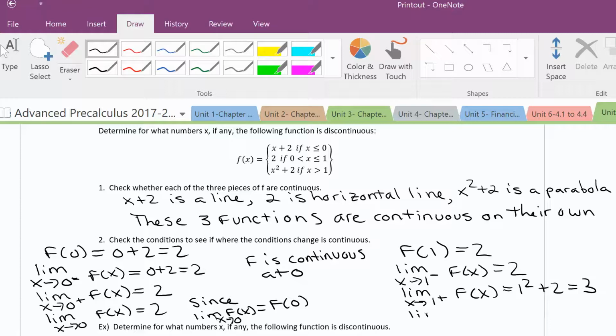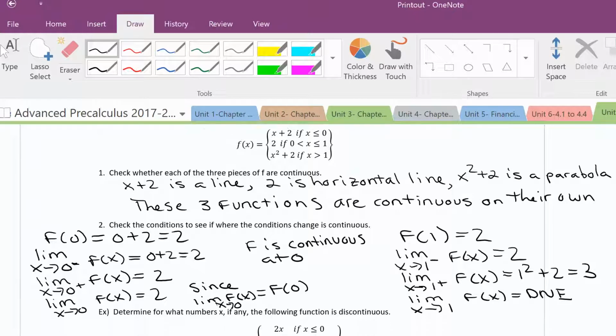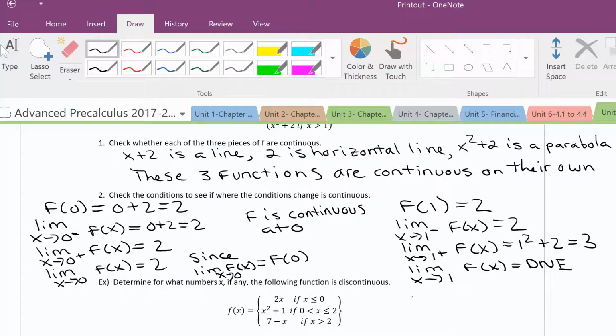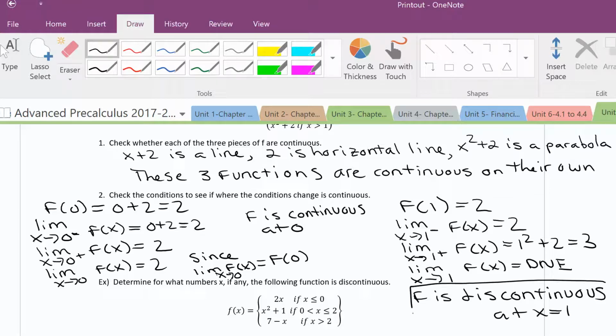So the limit as x approaches 1 of the function does not exist, since the right and left hand limits are not the same. Therefore, f is discontinuous at x equals 1. So that is the one place where it is discontinuous.